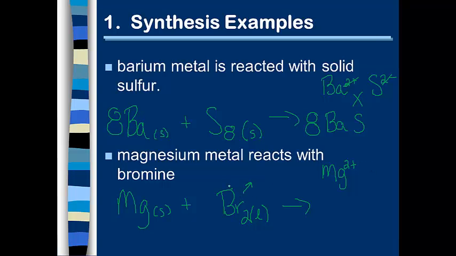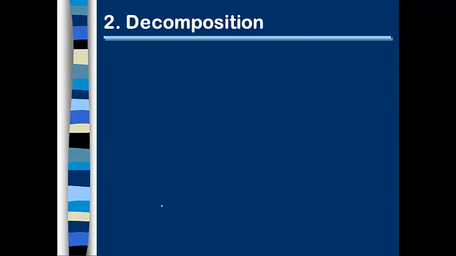Bromine is a halogen, so when it splits up you're going to end up with bromide ions. So when you react it with bromine, you're going to get MgBr2, and it's already balanced. You've got 2 bromines, you've got 1 magnesium, and we're good to go.